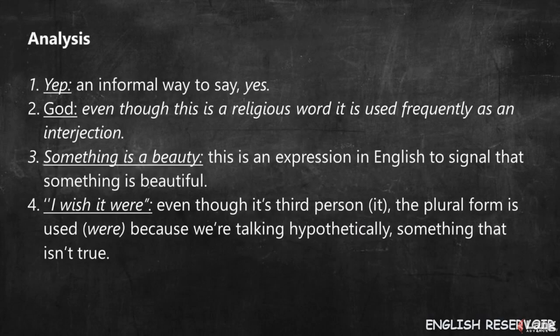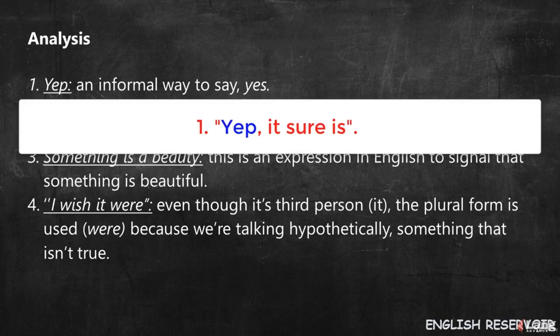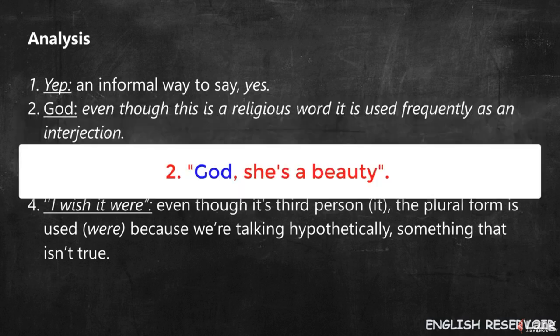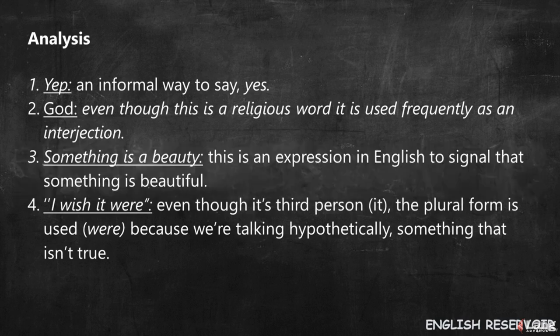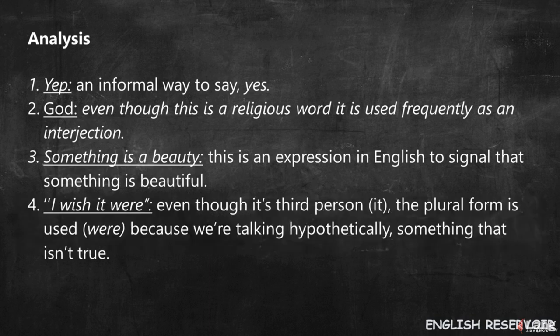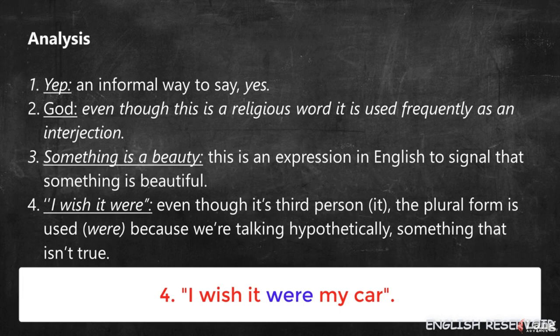Analysis. 1. Yep. An informal way to say yes. 2. God. Even though this is a religious word, it is used frequently as an interjection. 3. Something is a beauty. This is an expression in English to signal that something is beautiful. 4. I wish it were.